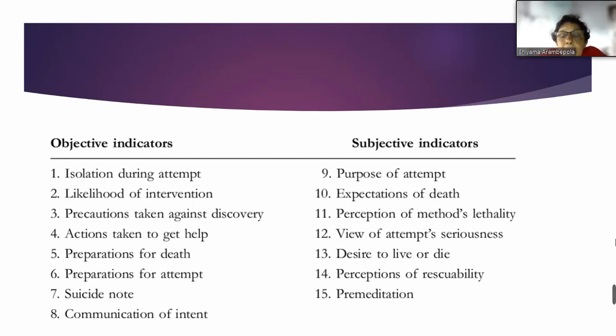And perception of methods of lethality, like if they know that by doing this, definitely I'm going to die, right? View of attempt seriousness, right? Then what is the view, whether it is a serious one or just something that they tried to see, right? Desire to live or die, right? Perception of rescuability, the ability to rescue the person, and premeditation, right? Okay. So these are the things you have to look for when you are looking at suicidal intent.